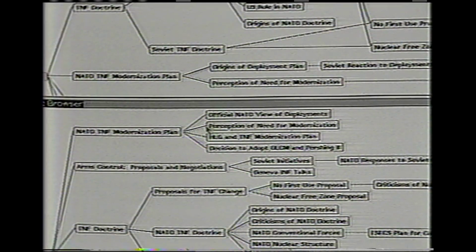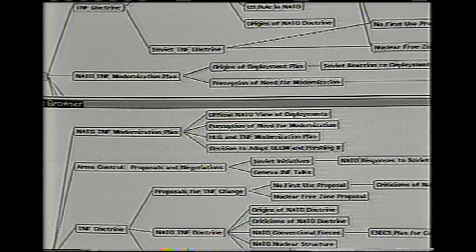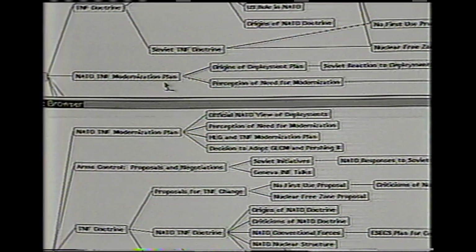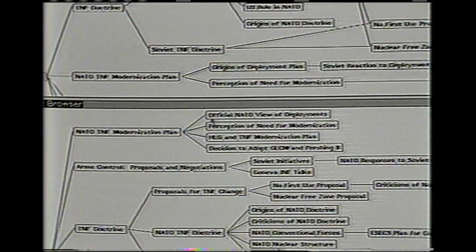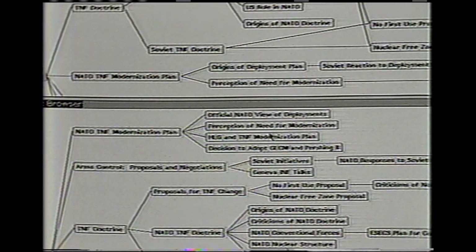And he maintained one of the sub-file boxes, that is the perception of need for modernization. Each of the new sub-file boxes has no sub-boxes of its own, so what was originally a very narrow and deep organizational structure under TNF modernization plan became a much wider and very shallow organizational structure with the goal of writing a paper in mind.